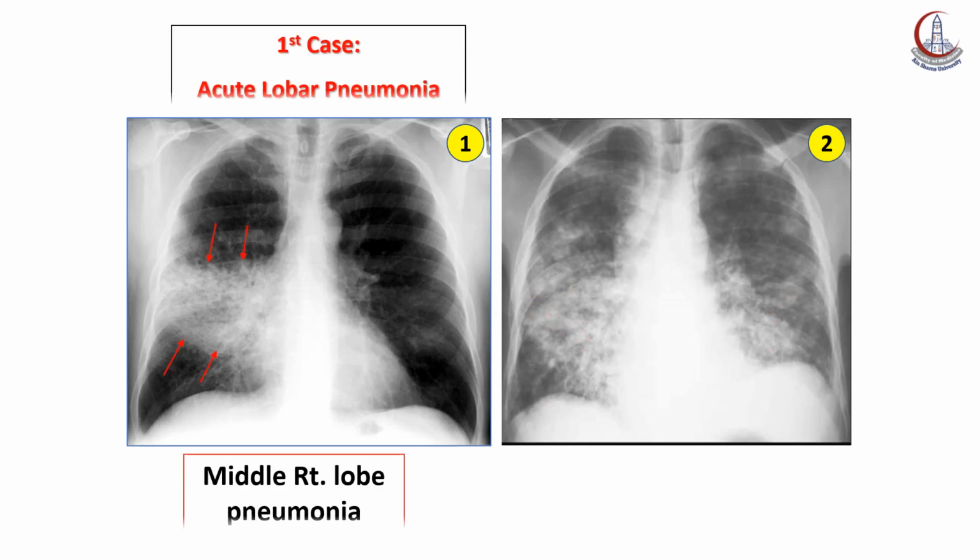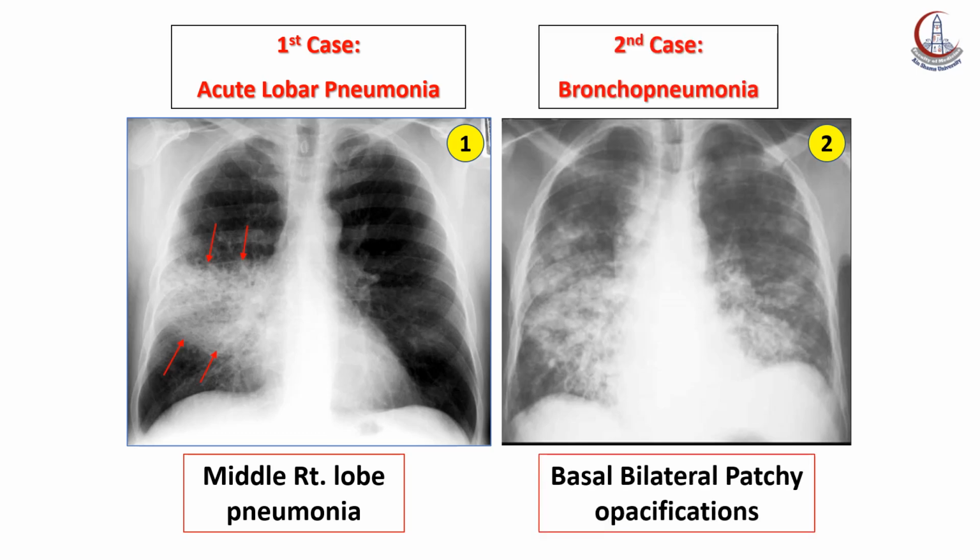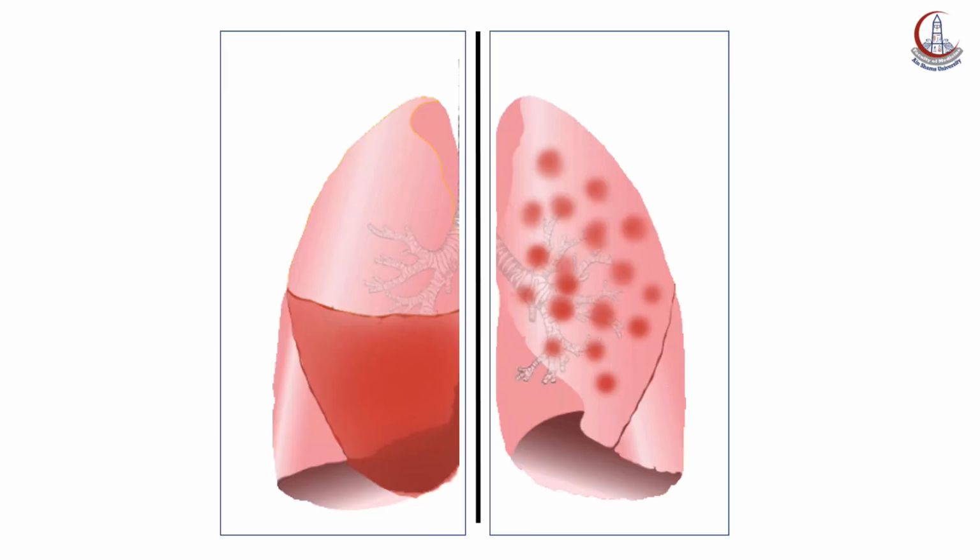First case, acute lobar pneumonia affecting the middle lobe, while the other case is bronchopneumonia. It's bilateral basal patches of opacities.